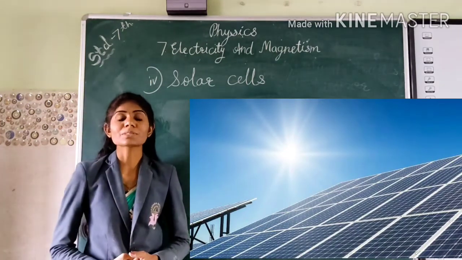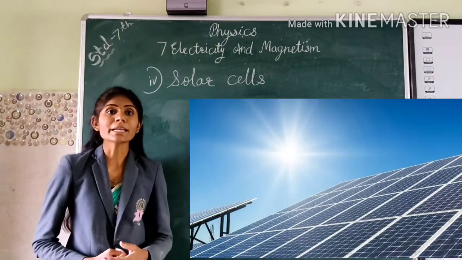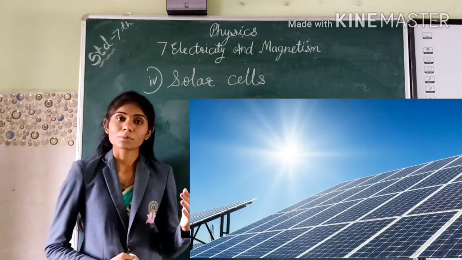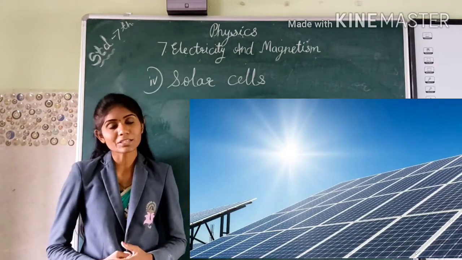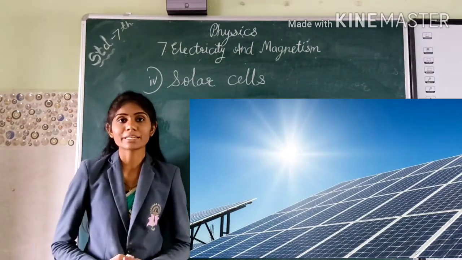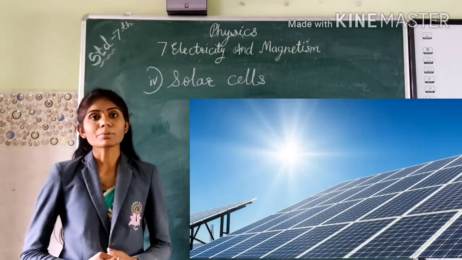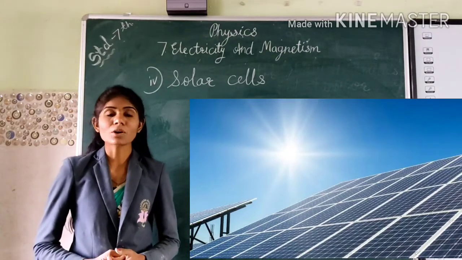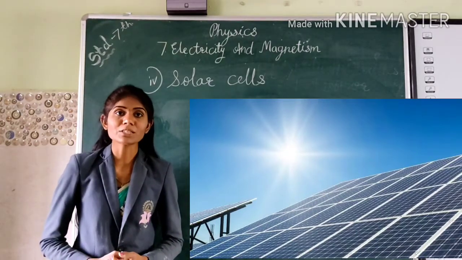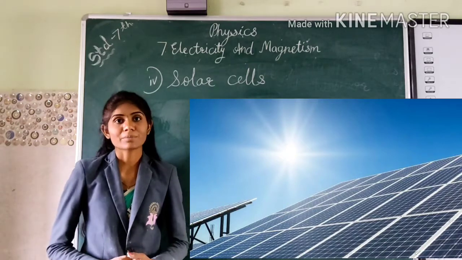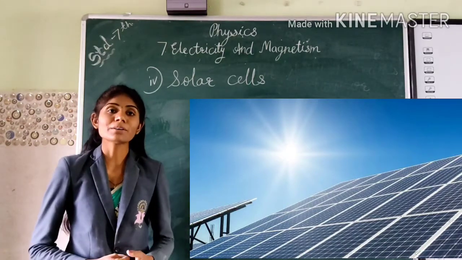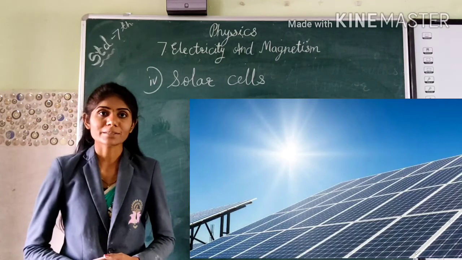The solar cell stores the energy converted from sunlight into electrical energy. In this source, the light energy of the sun is transformed into electrical energy, and then it can be used for different electrical appliances.